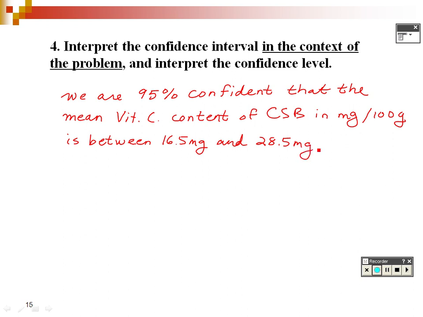And we know the true meaning of that statement is that if we ran this same procedure over and over and over and over again, 95% of the intervals that we get would actually capture the true mean, and 5% of them would not.